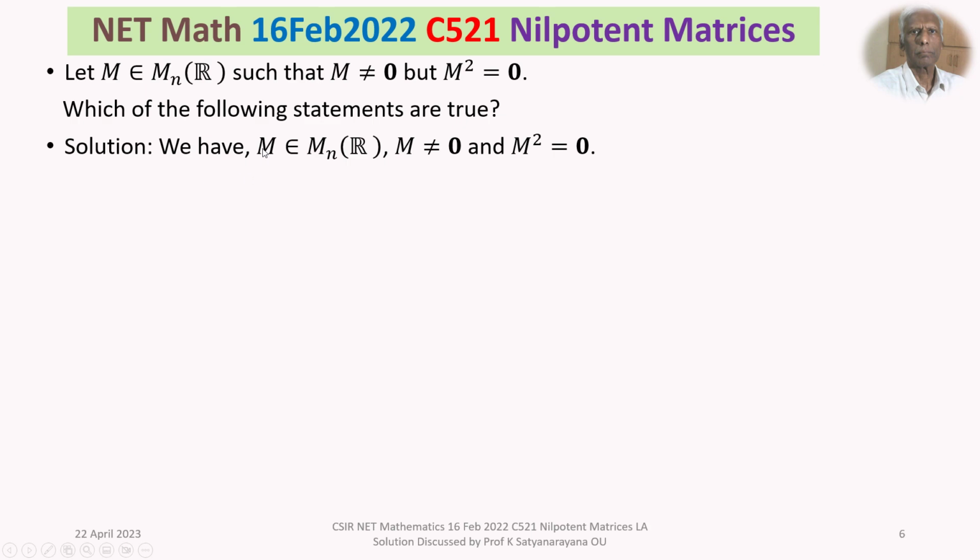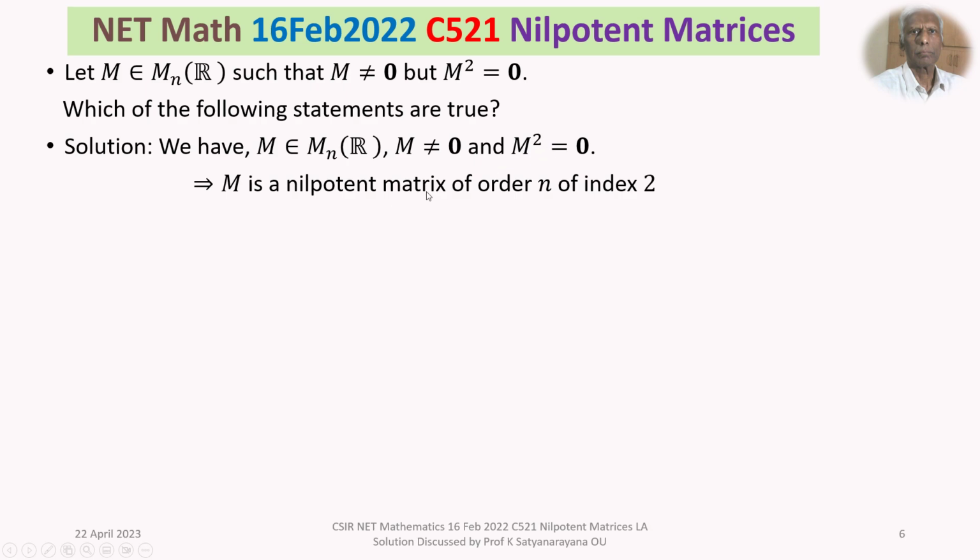We have M, an n by n matrix with real entries, which is not a zero matrix, but its square, M square, is the zero matrix. This implies M is a nilpotent matrix of order n of index 2.